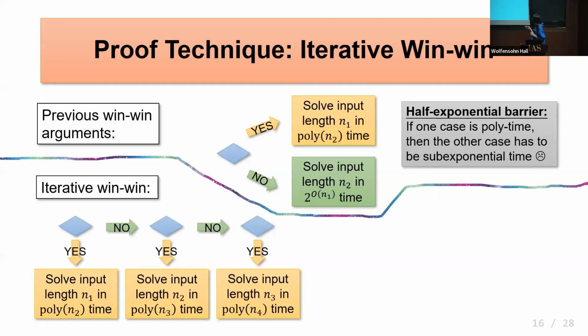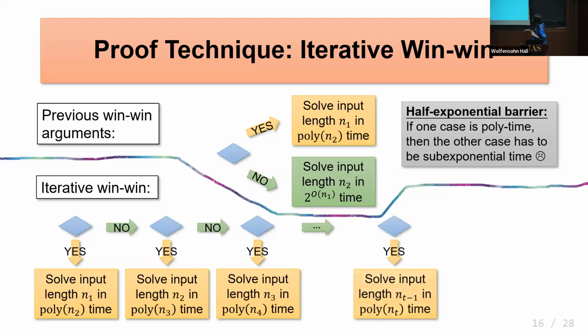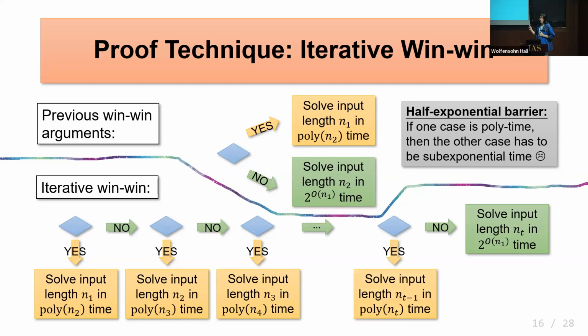If it happens, then we solve instance N3 in poly N4 time, and so on, until we reach instance N_t. If every good thing didn't happen, then we solve instance N_t in exponential in N1 time. I guess this is the most important slide in the first half of the talk. If you want to remember something, you remember this slide.